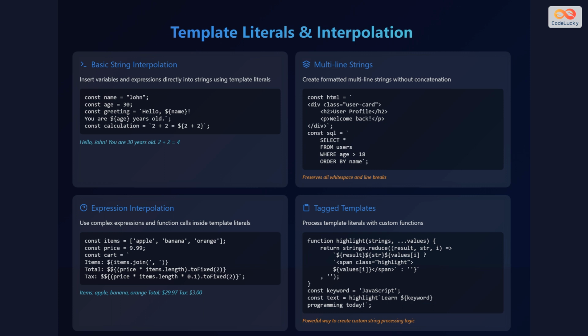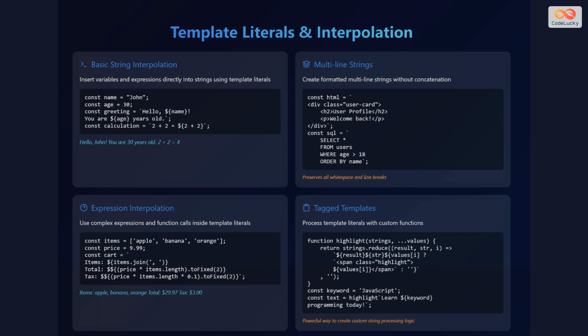Const cart = `Items: ${items.join(', ')} Total: ${(price * items.length).toFixed(2)} Tax: ${(price * items.length * 0.1).toFixed(2)}`, which results in cart being a multi-line string.